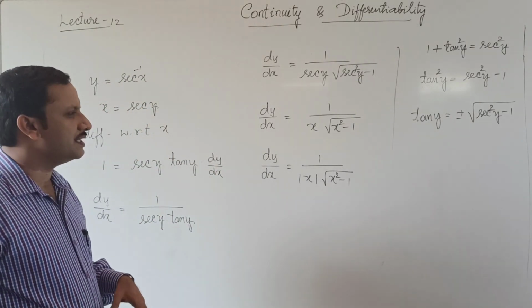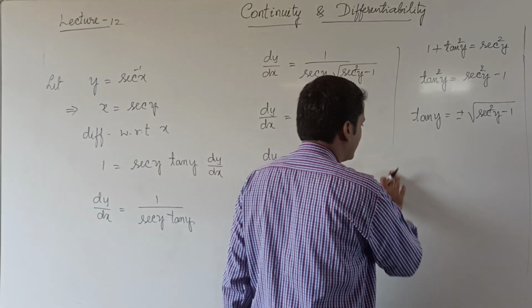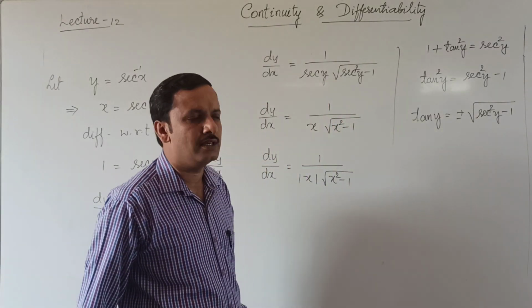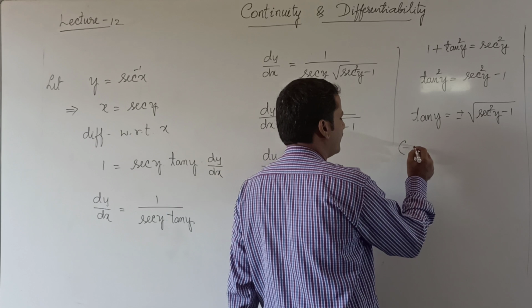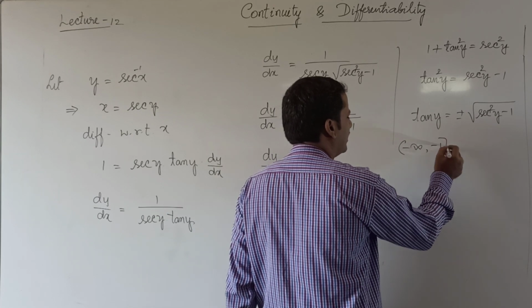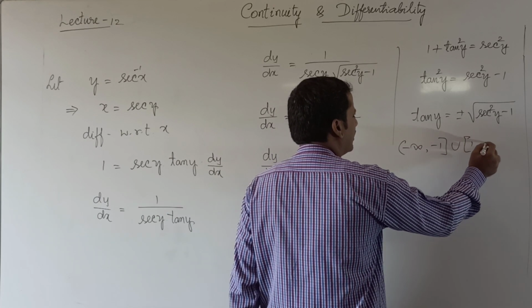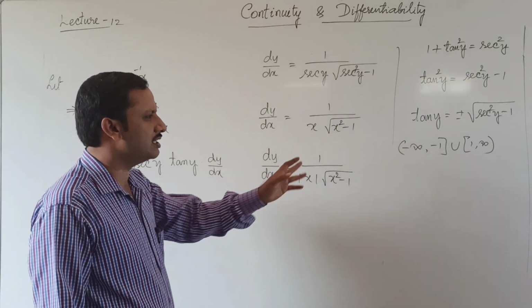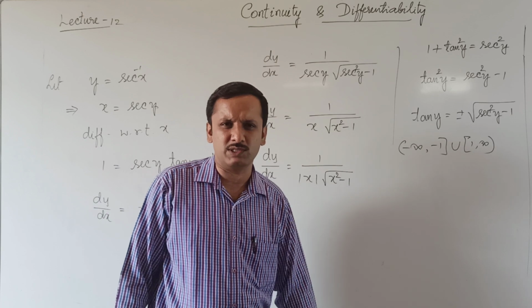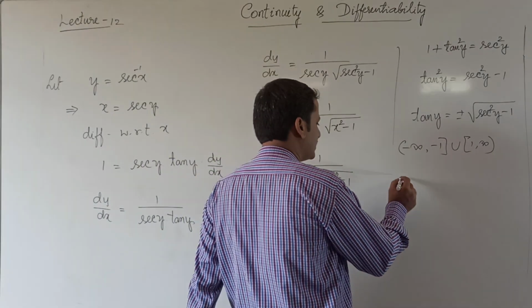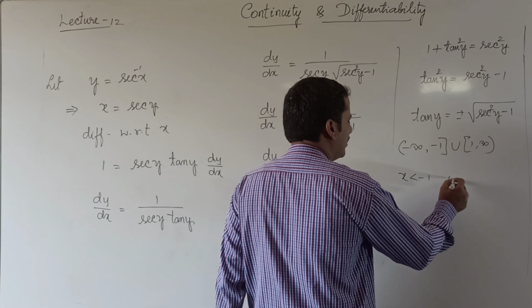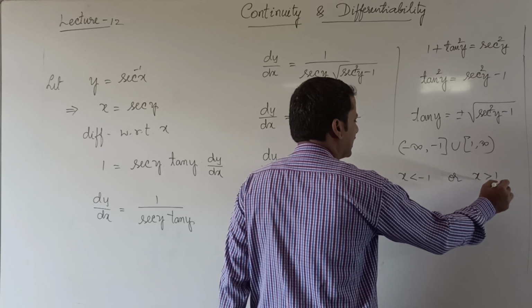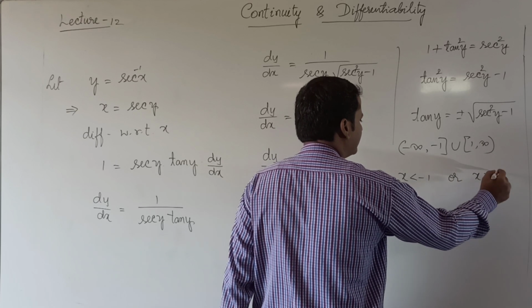What is the domain of secant inverse x? It is minus infinity to minus 1, union 1 to infinity. Clearly, this is not differentiable at minus 1 and at plus 1. So either x should be less than minus 1 or x should be greater than 1.